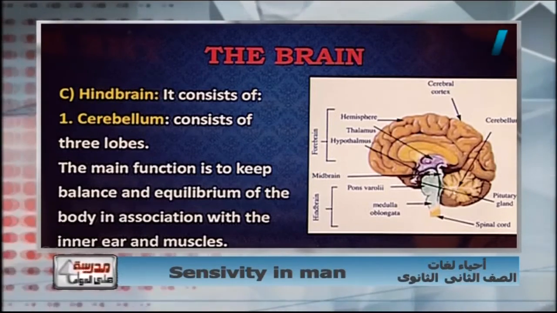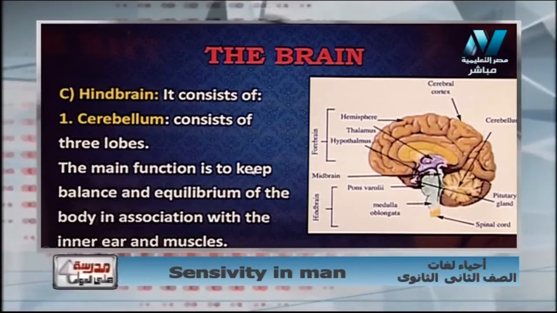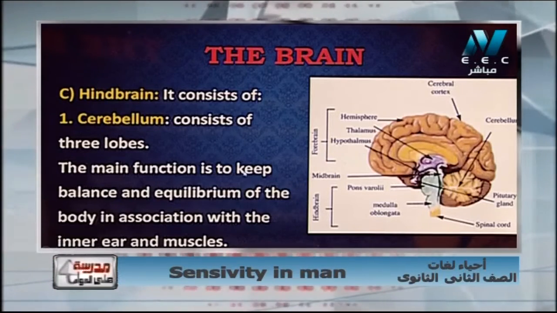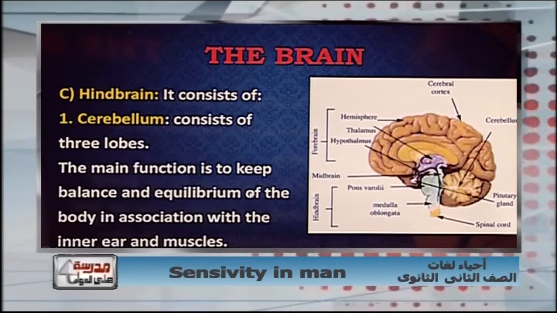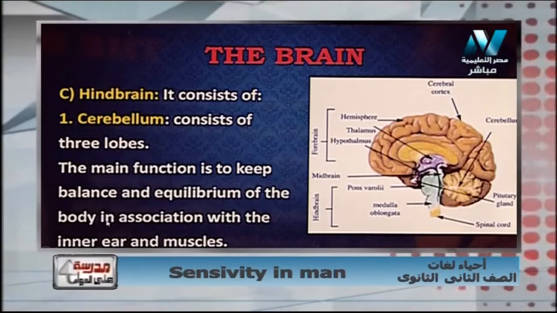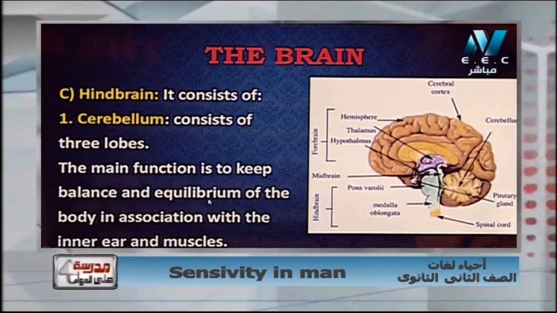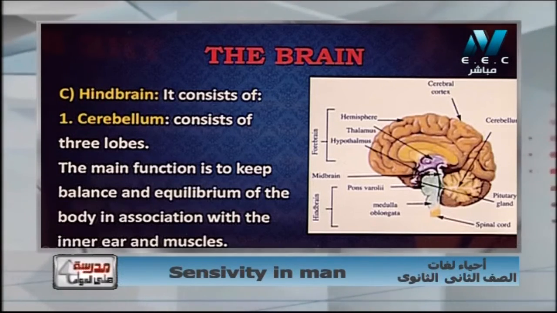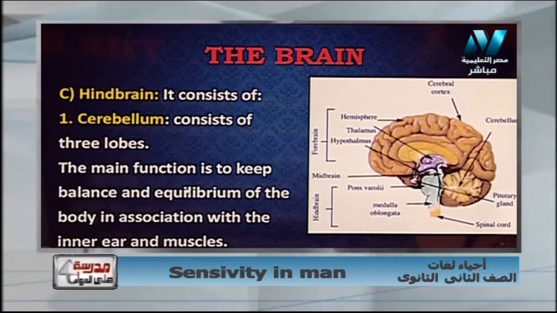The main function of the cerebellum is to keep the body balance and equilibrium, and it works associated with the inner ear and the muscles. So it is responsible for keeping the body balanced and keeping the equilibrium of the body.